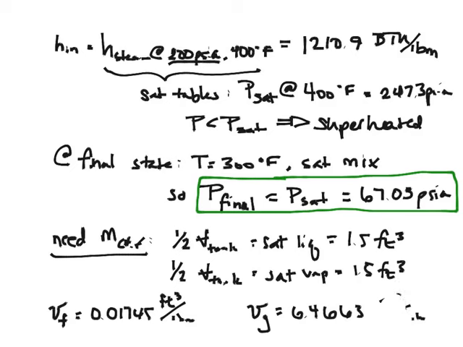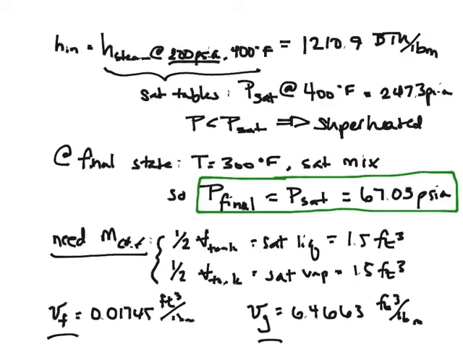Let me rewrite those units to be a little neater. Okay, so now I'm going to use these specific volumes and the fact that I know how much volume of saturated liquid and saturated vapor I have to find what the mass is of my liquid and the mass is of my vapor in the tank at the final state.